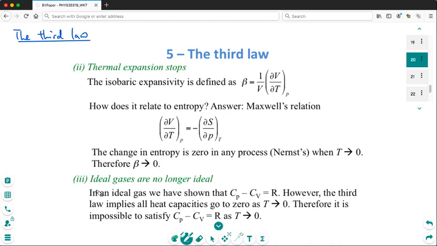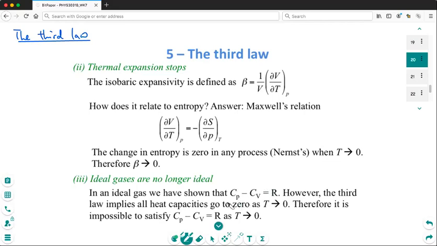Another thing is, you can also look at thermodynamics. When you calculate the difference between the heat capacities for an ideal gas, you must have this relationship. But when you are at the zero temperature limit, all the heat capacities go to zero, no matter what kind of constraint you apply.